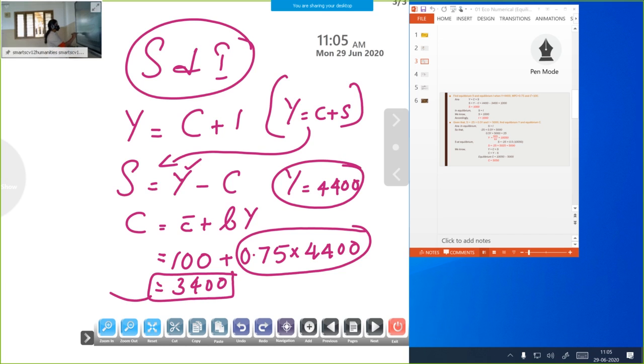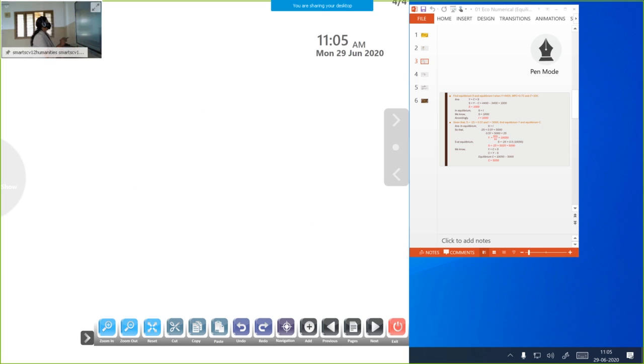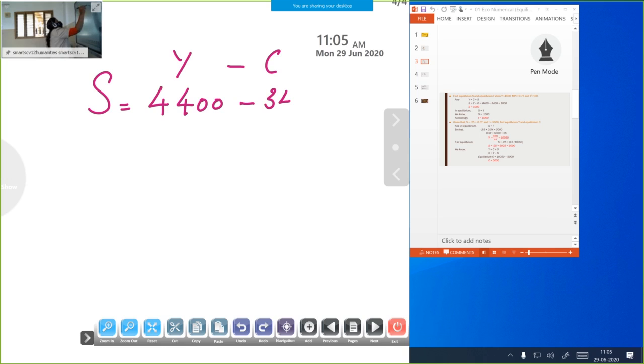Then substitute: S is equal to Y minus C. That's why we are getting S is equal to 4,400, that is income, minus what is our consumption, we will get from there. So the answer is 1,000, right? So S is equal to 1,000.